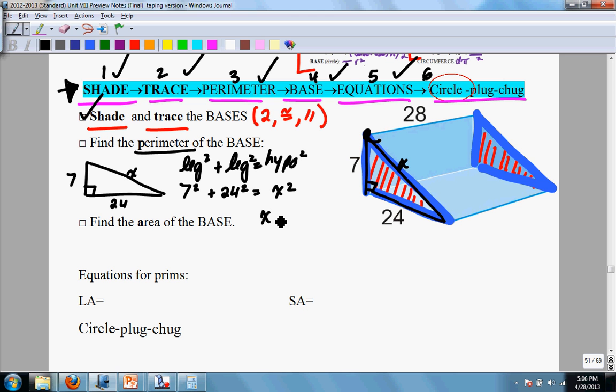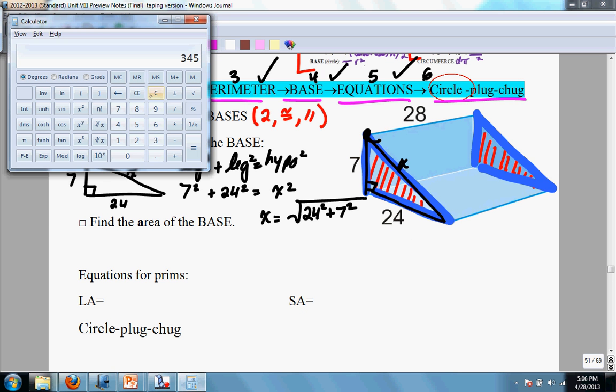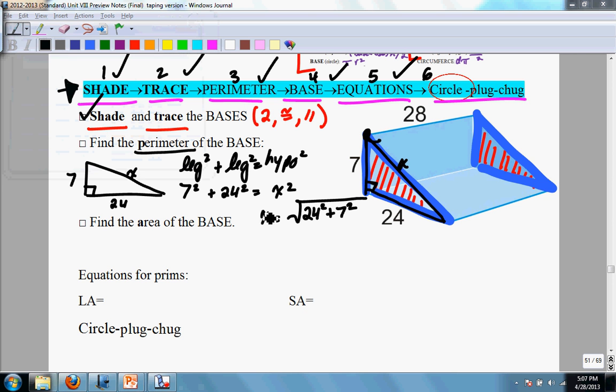X is the square root of 24 squared plus 7 squared. 24 squared plus 7 squared equals 625, and then I square root and I get 25.